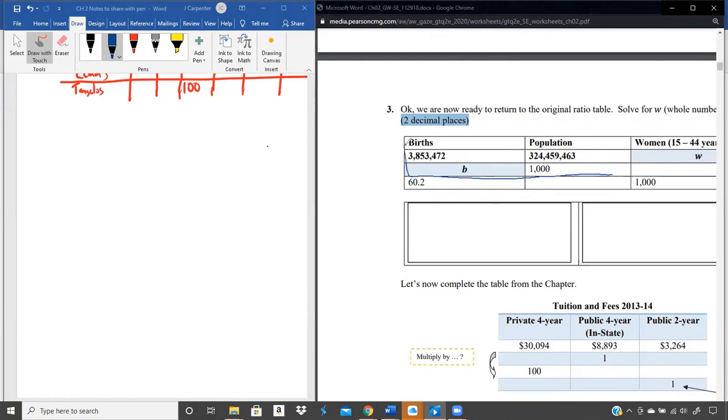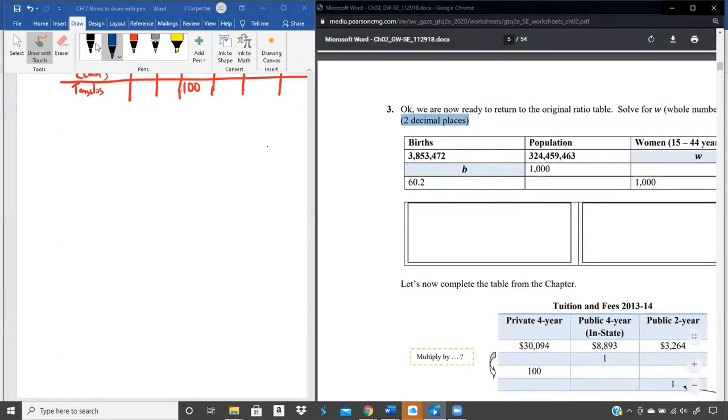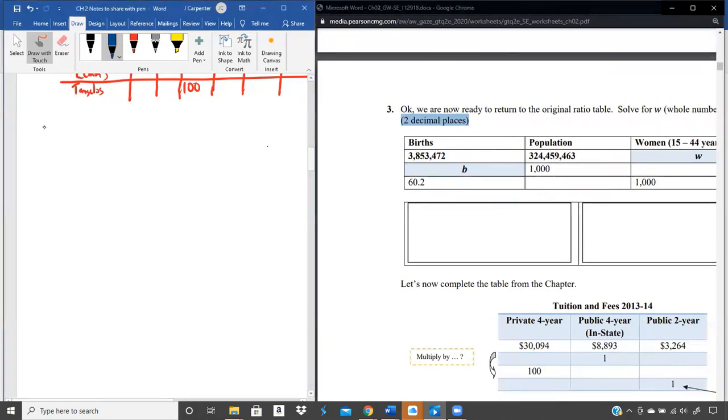We're just going to do this as our box. So the 3.8 million over the B equals the 324 million over the 1,000. I'm going to abbreviate: 3.8 million over the B is equal to the 324 million.